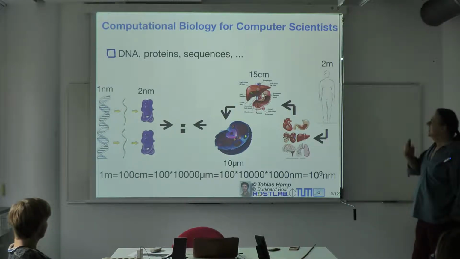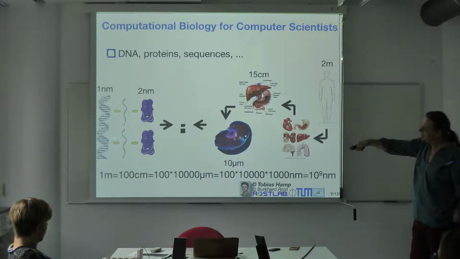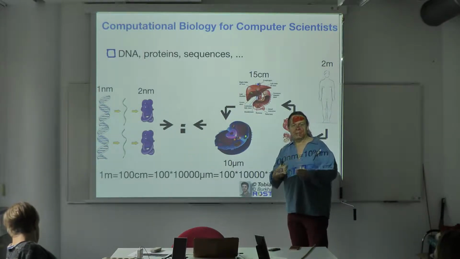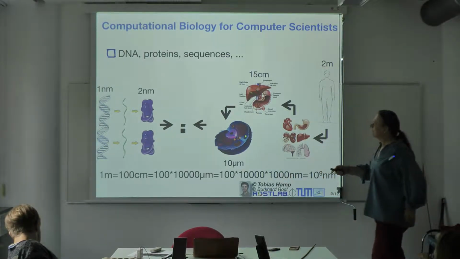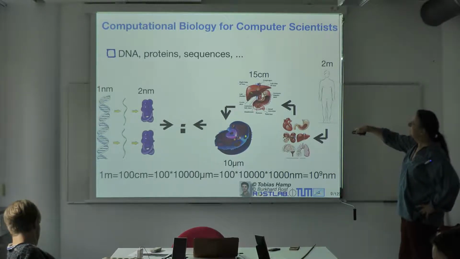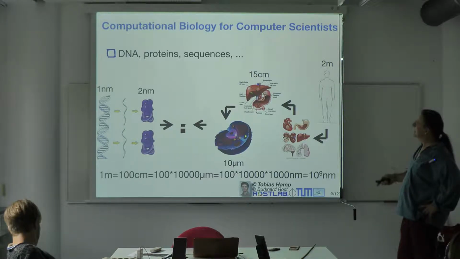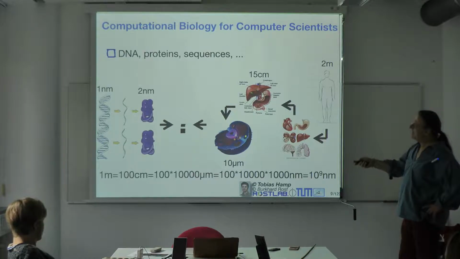We don't understand. On a simplistic level, we have DNA, so this is what you typically see in images, this is actually the way it's rolled up in the cell, it's densely packed. Cells have several compartments. They form organs. The scales are around about here. So biology happens on all of these scales.